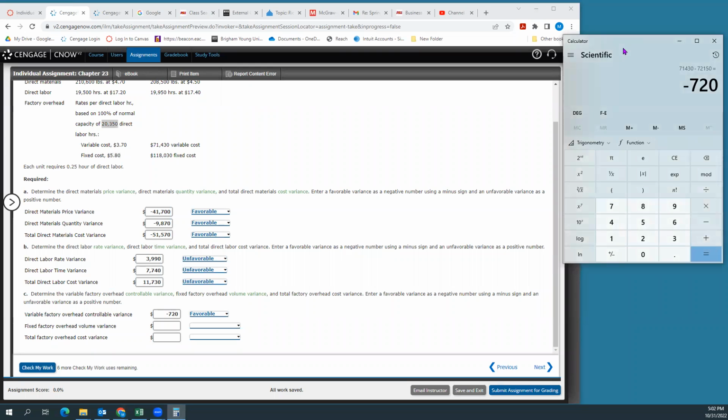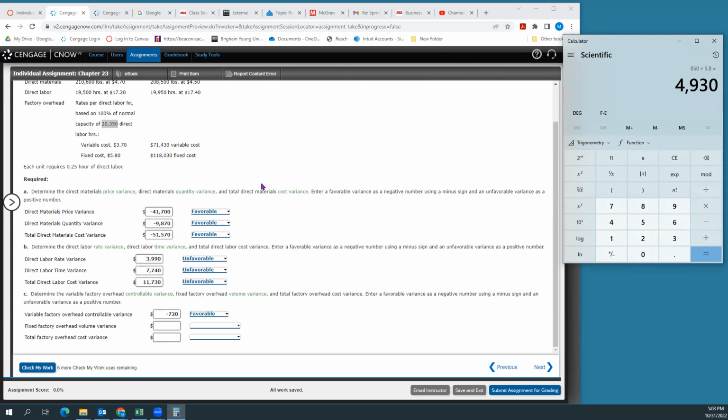So if I take 20,350 minus 19,500, that tells me I didn't use 850 hours that I could have used. And so that 850 hours that I could have used times the standard fixed factory overhead cost rate of $5.80 is going to be $4,930.